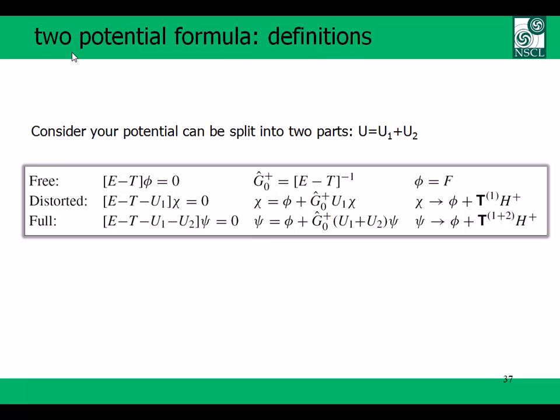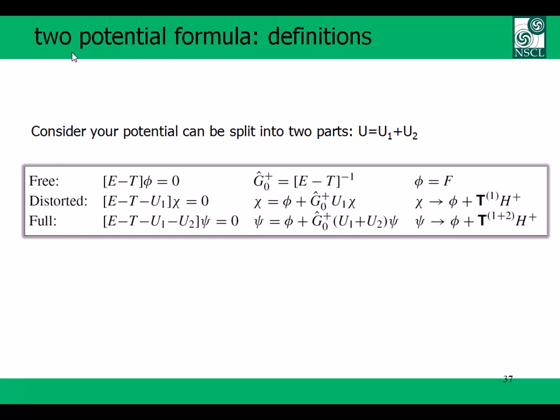Okay, so I've got some distortion that I know how to deal with. Let's imagine that I have a full problem that I don't know how to solve, and the part that's hard is U2. I can do exactly what I did with U1, but now with U1 plus U2. I can write a Lippmann-Schwinger equation that corresponds to a solution around this free solution.